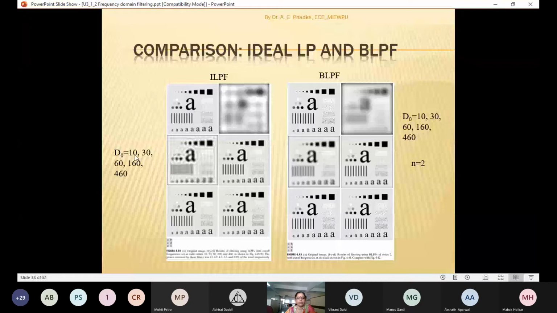For ideal low pass filtering, the very first result is obtained by radius of 10, then this is by 30, this is by 60, this is by 160, and here radius is 460. Now for this last image, as radius is very large, you are getting an image almost like the original image, because a very large radius means almost all frequency coefficients are retained.